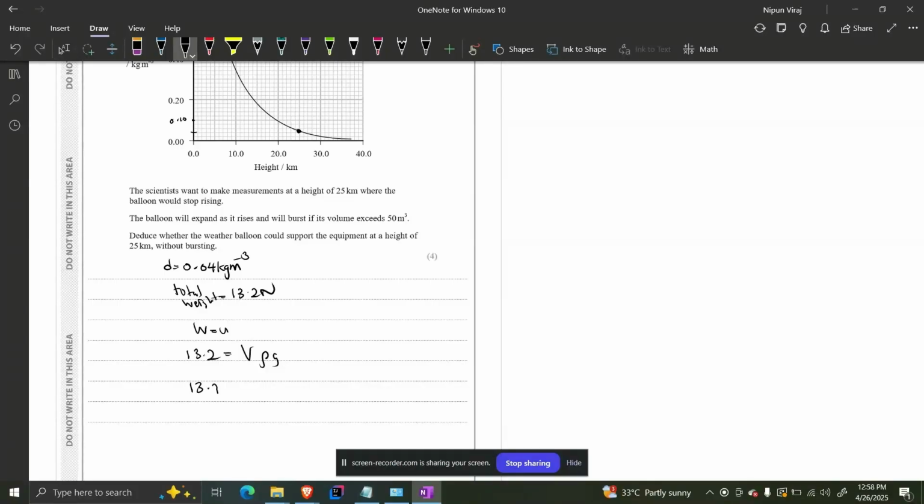I'm going to check what is the volume needed to support this total weight. The density is 0.04, into 9.8. So here we get the volume is something close to 27.